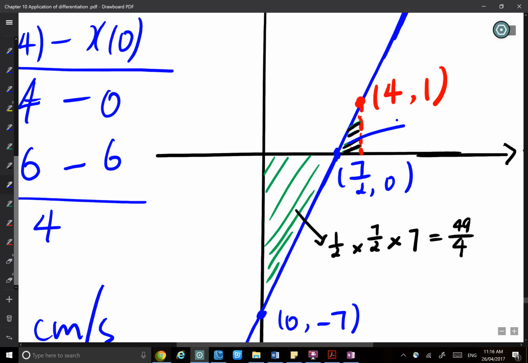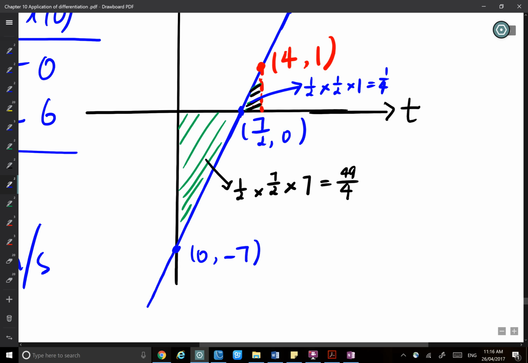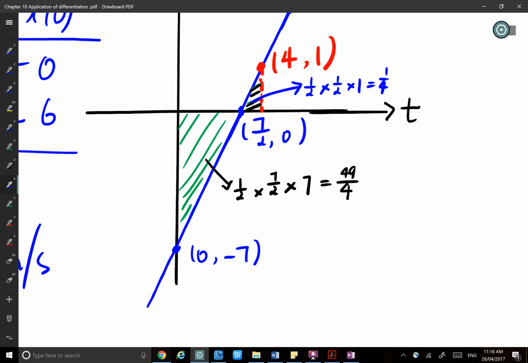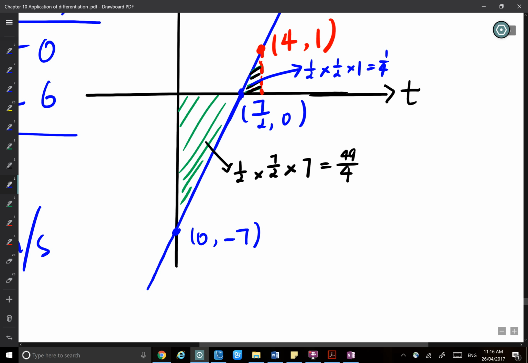And that area gives me a half times 1. That gives me a quarter. If you add those two areas, that will give you the distance.